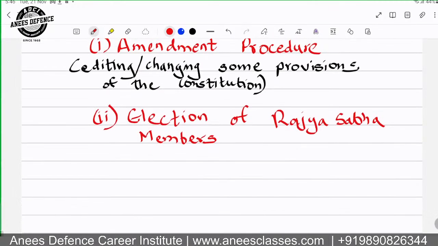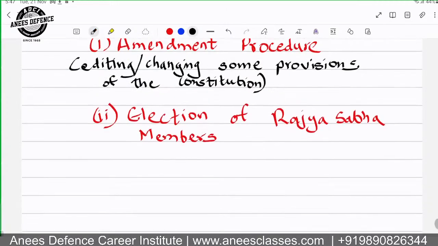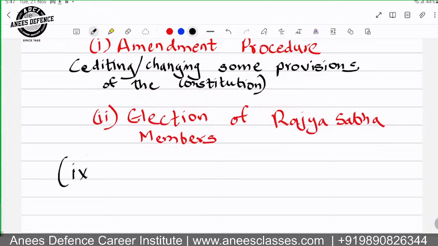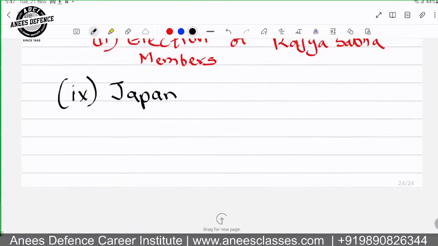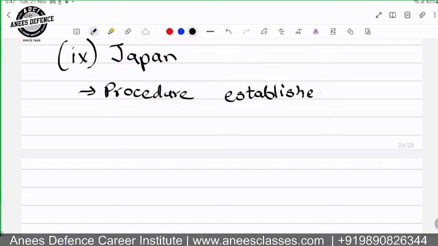Next important thing is Japan. 9 is Japan. From Japan, we have adopted the concept of procedure established by law.